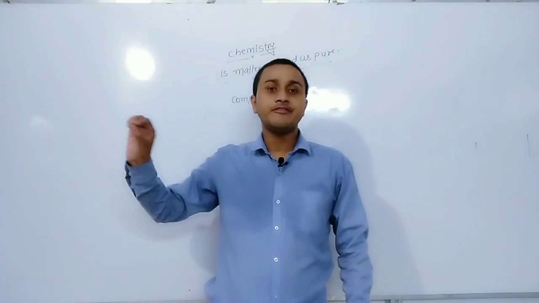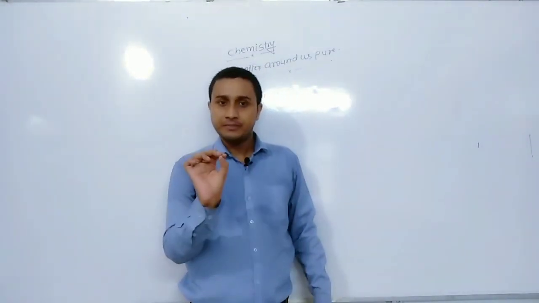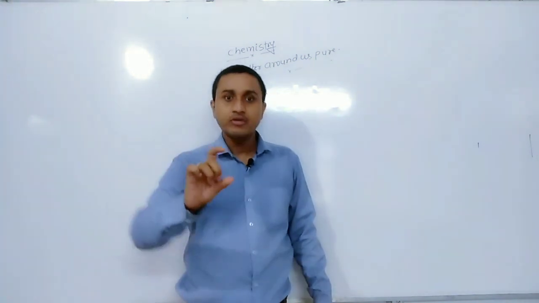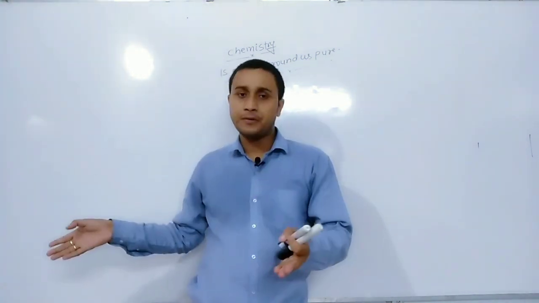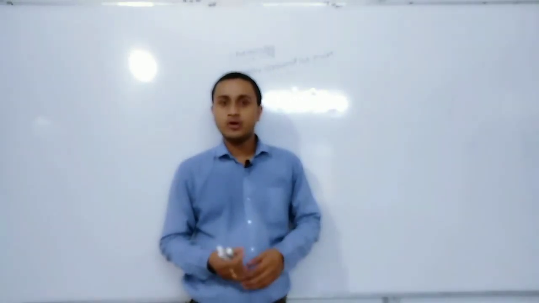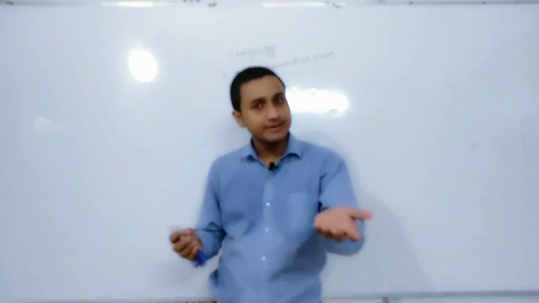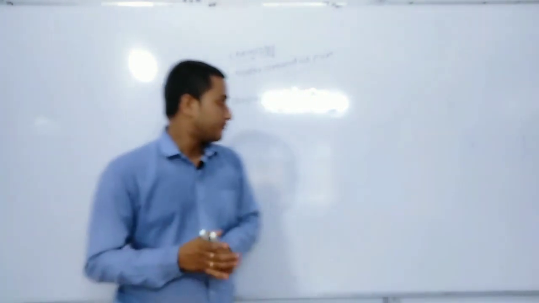How will we identify a compound? When we introduce the term fixed ratio, definite ratio, then we are thinking about a compound. That means a compound is formed by the combination of two or more elements in a definite or fixed ratio. Is it okay? So write down the definition.